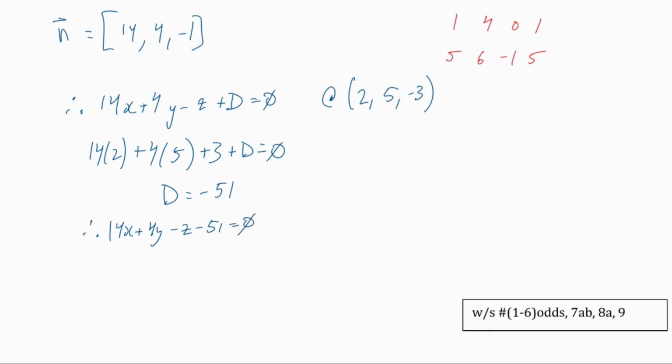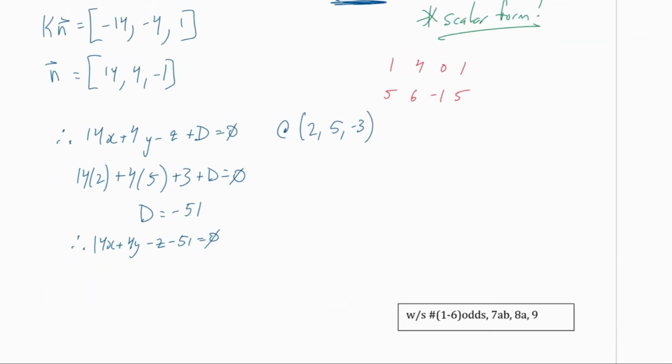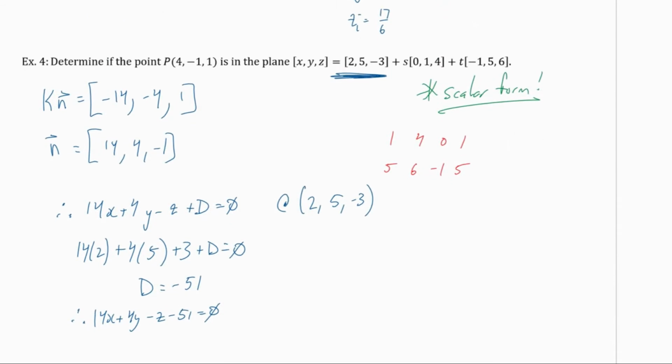All of that was just to figure out if this point, so now I'm doing a check, 4, -1, 1, left side is 14 times 4 plus 4 times -1 minus 1 minus 51.